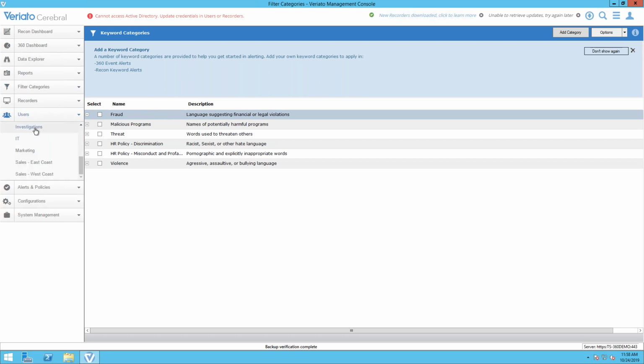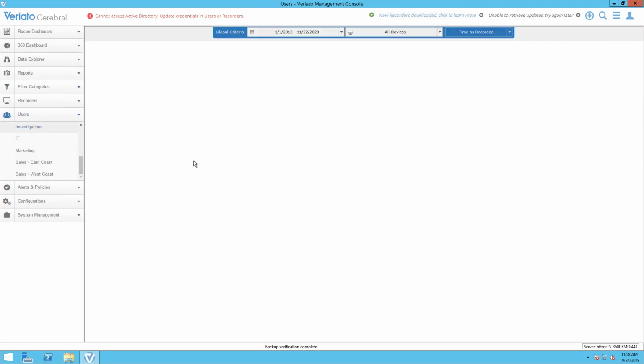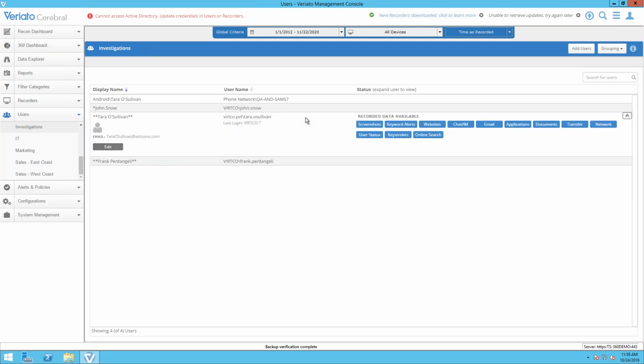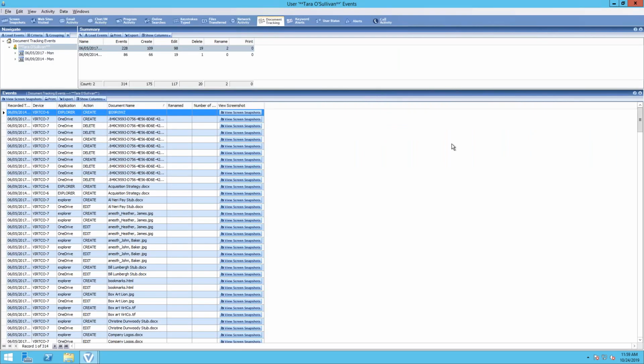So we can go down to the users and find her specifically. This is where all her data is going to be stored. Everything populated here is data that we have for this user. So we saw that she was doing document tracking. So we'll go to her documents, and this will bring up everything that she's done with documents within the network.